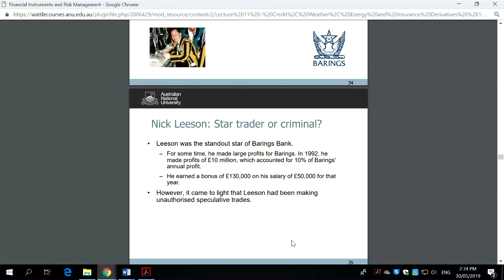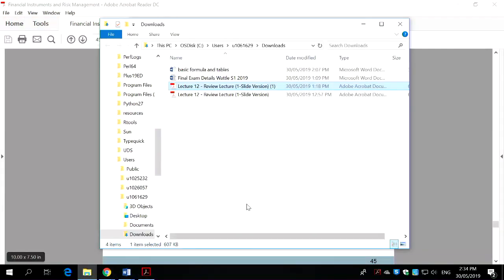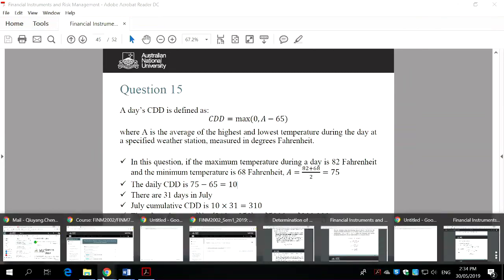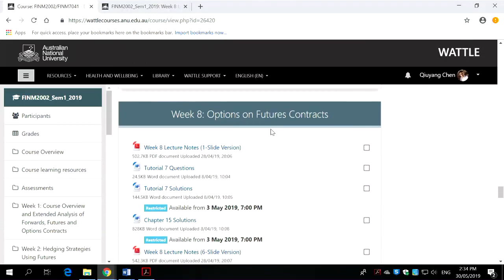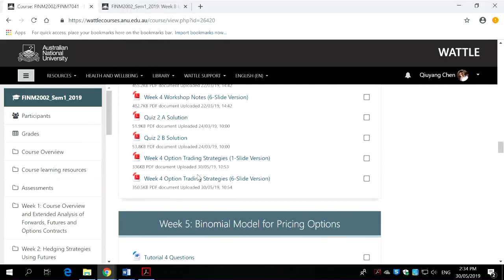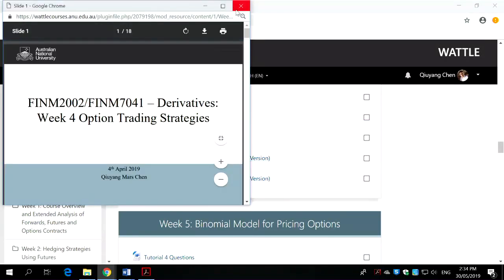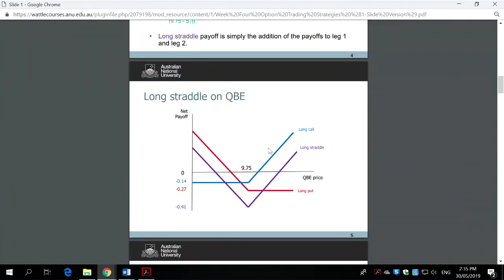Think about what we have done in week number 4. So go back to week number 4. We've done a couple of trading strategies, so go home, revise them. So that's the long straddle, right?